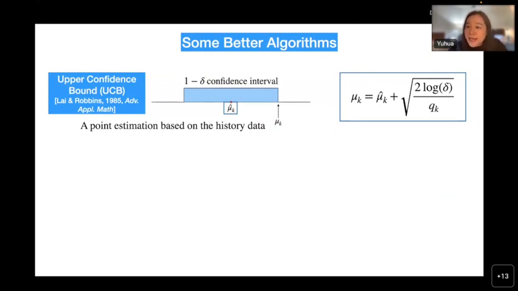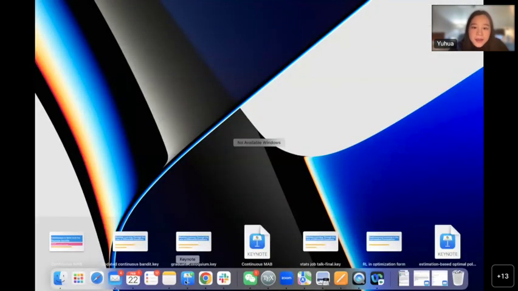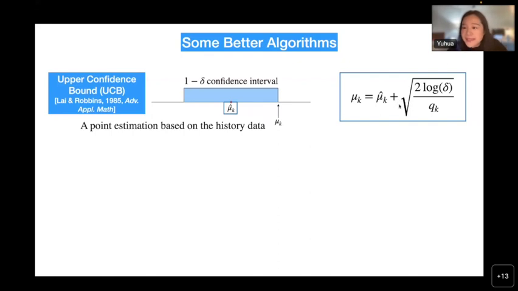If we look at this upper bound, we see it is the empirical mean plus an extra term, and this extra term is inversely proportional to the number of pulls of the k-th arm.